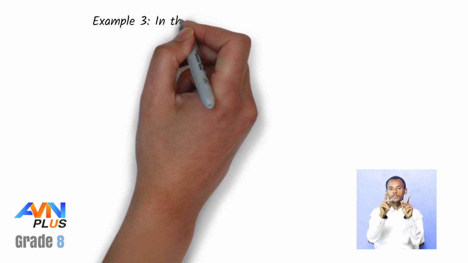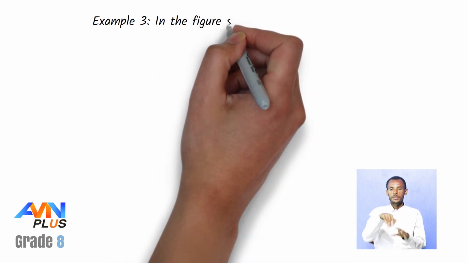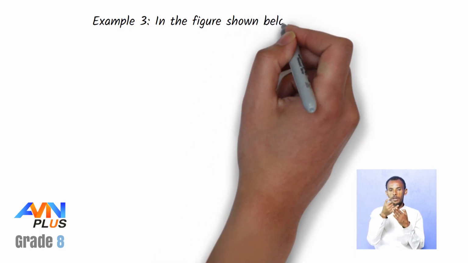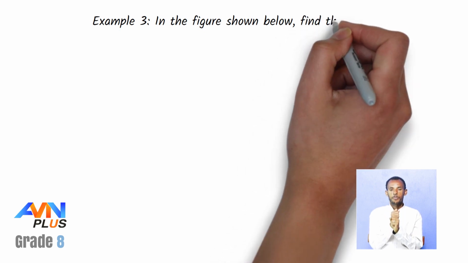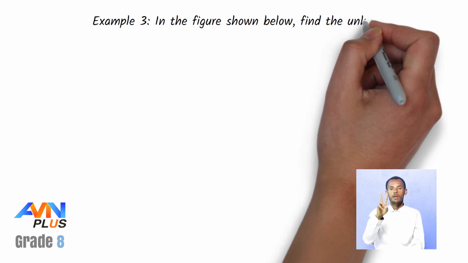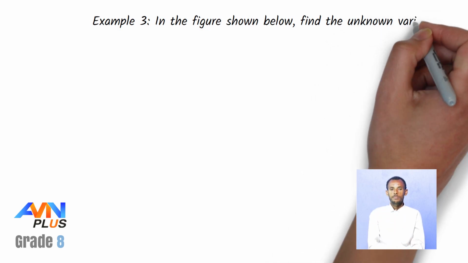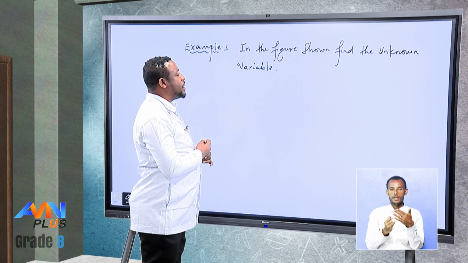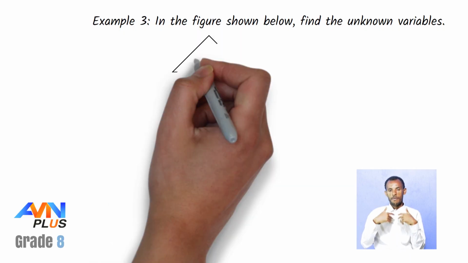In the figure shown below, find the unknown variables. Our figure in the third example is like, suppose we have a combination of triangles having this form.